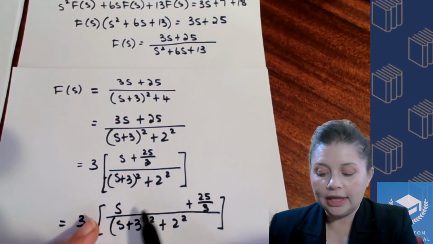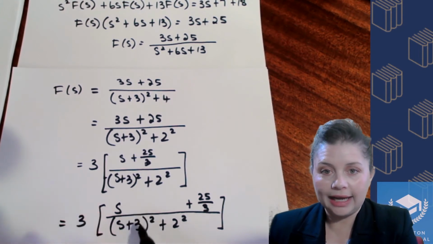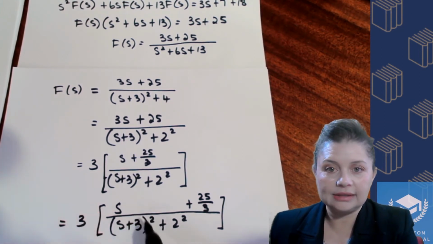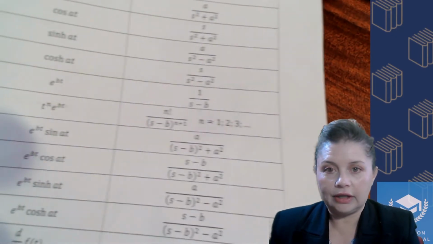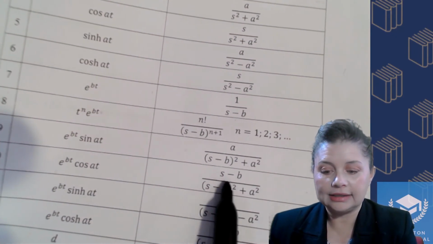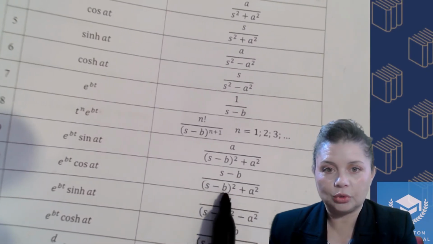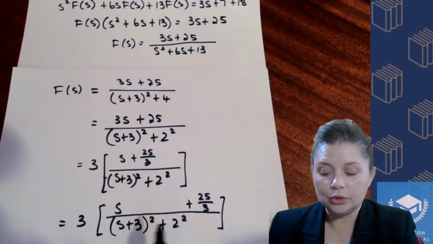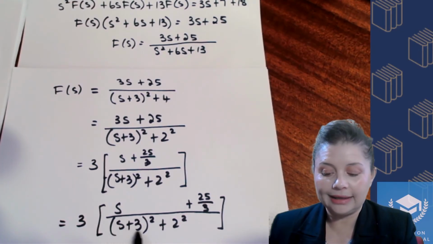So what I need to have in the first term is the exact same thing as that bracket, right? So if I look again, that s minus b must match what is inside of that bracket, which means that I need to have s plus 3 here.